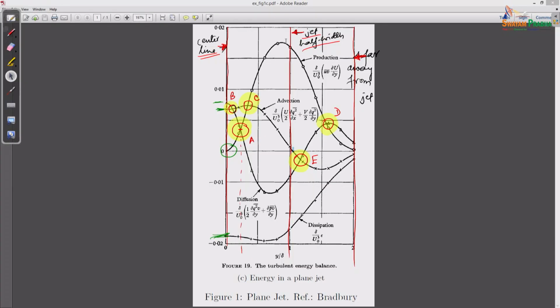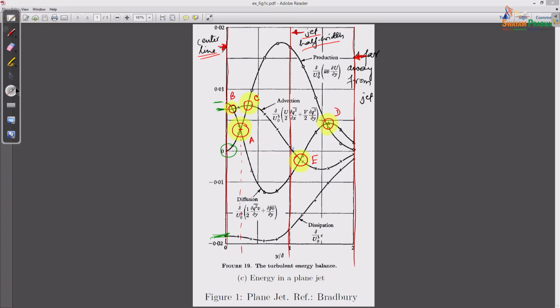The only thing is that at the jet half width you get the maximum production and the minimum dissipation. Advection is zero at the jet half width. Production is nearly maximum.